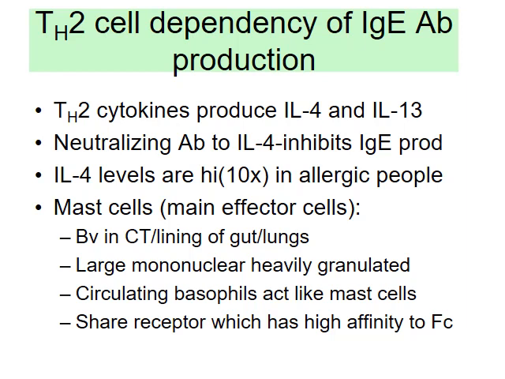So what you may want to do, if you know for sure that IL-4 or IL-13 is important, is give a neutralizing antibody that will inhibit IL-4, so you basically are going to limit the production of IgE. But the question is, what would it do to the patient if you limit the production of IgE?